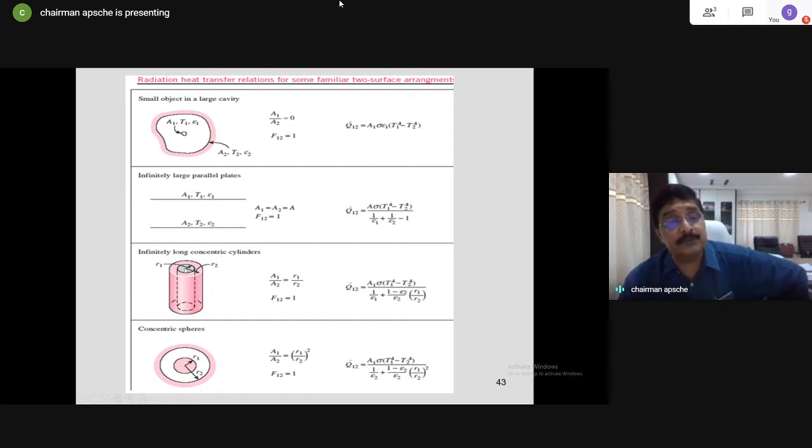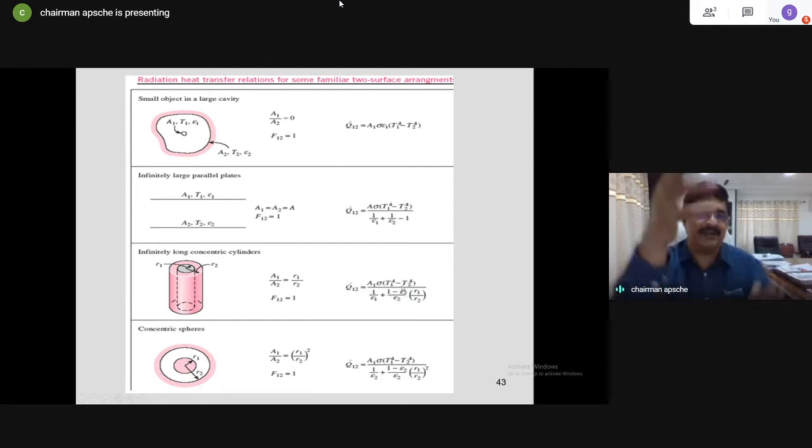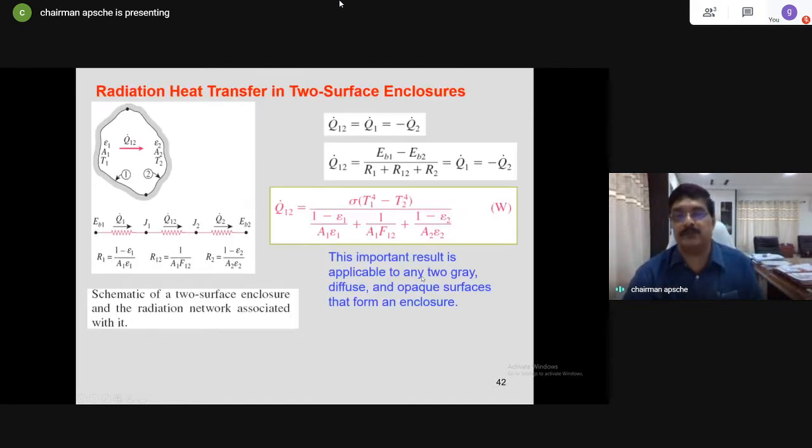The bigger one is 2, smaller one is 1. So, అలాంటి సర్ఫేస్ ఉన్నప్పుడు F12 is equal to 1 and Q12, net radiation heat exchange between them, is A1 sigma (T1 power 4 minus T2 power 4) divided by 1 by epsilon 1 plus (1 minus epsilon 2) by epsilon 2. In the condition ఆ general equation లో substitute చేశాను అంతే.